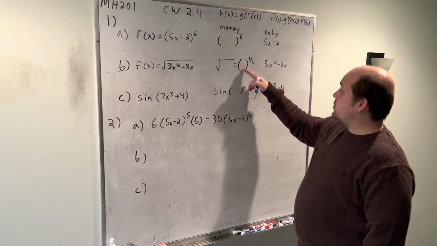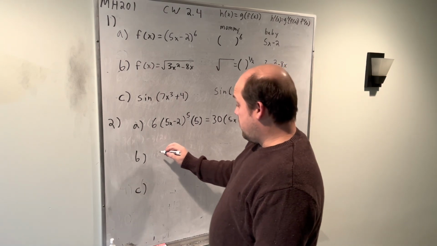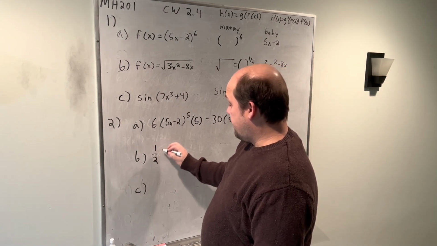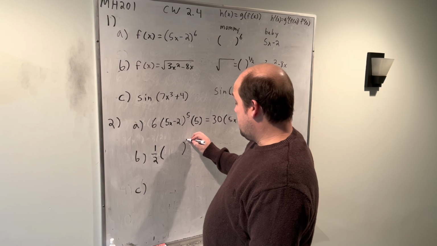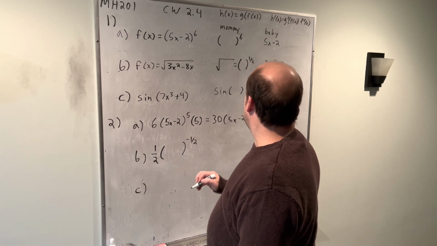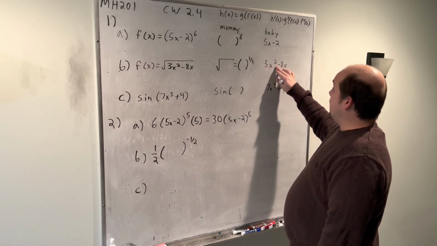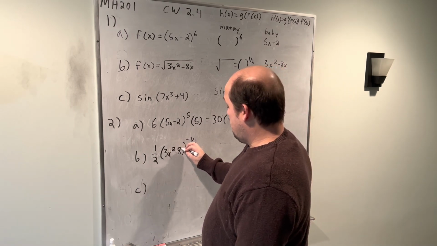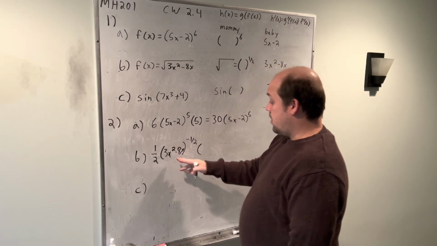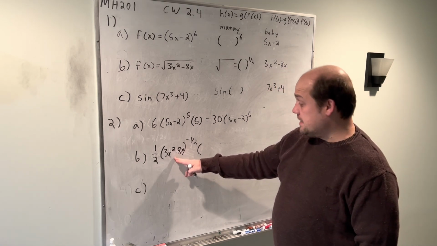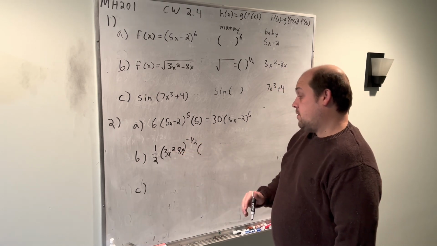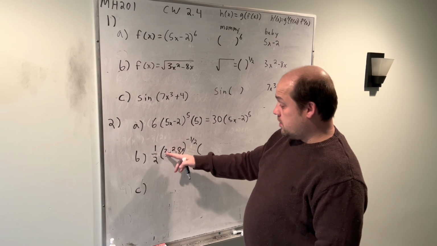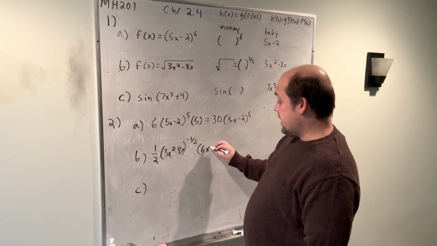For part B, we're starting out with something to the 1/2 power. It becomes 1/2, that same something, to the negative 1/2 power. In this case, that something was 3x squared minus 8x. And then we need to multiply by what was inside, the derivative. So 3x squared, the 2 comes down and makes it 6x.